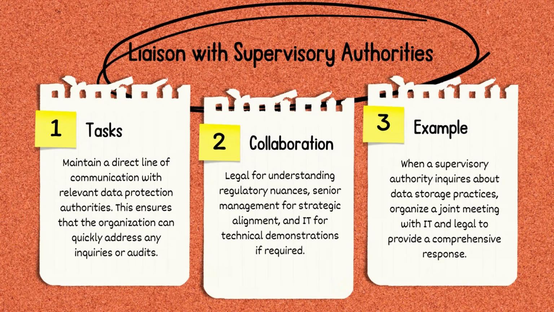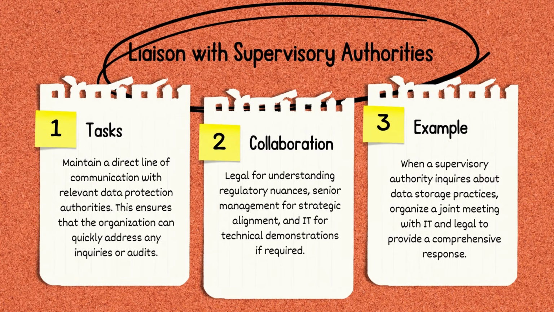Right. Next, liaison with supervisory authorities. The task is to maintain a direct line of communication with the relevant data protection authorities, the DPAs. This ensures that the organization can quickly address any inquiries or audits.